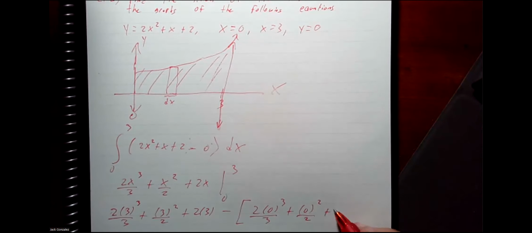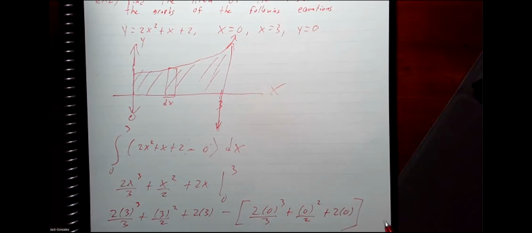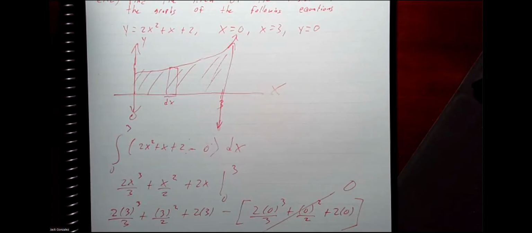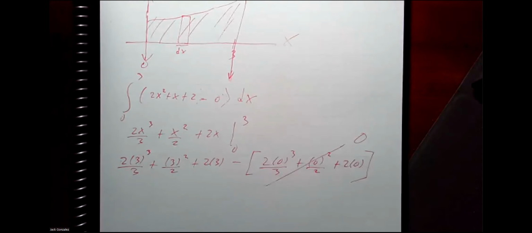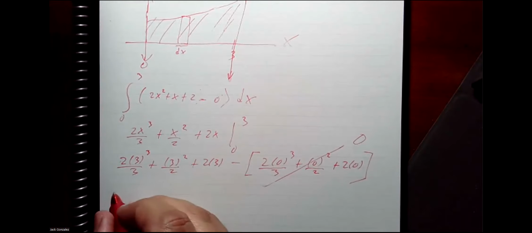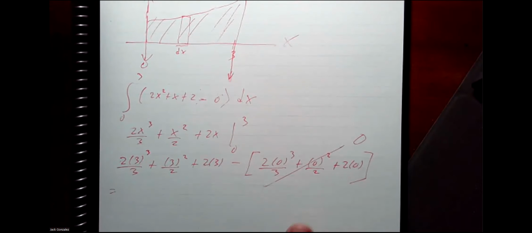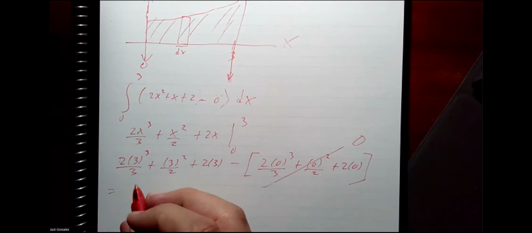Subtract the function at 0, which in this case, again, zeroes out. So all we got to figure out is this now. Let's just punch it into the calculator. 27 over 2.